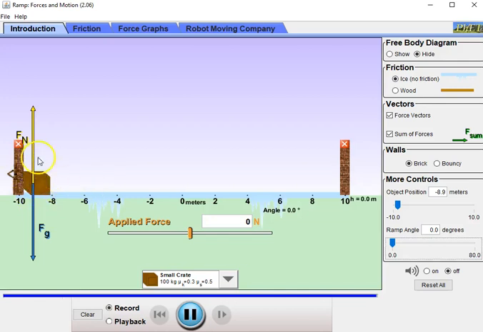So as we see over here, the forces, the normal reaction and the weight, they are balancing each other out. So this is a situation that we refer to in physics as equilibrium. Right? And equilibrium implies that the object remains where it was at rest, or the object continues to move with constant velocity.